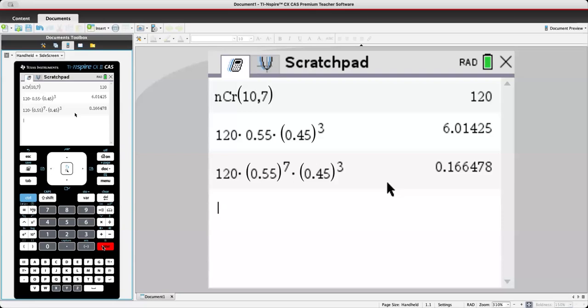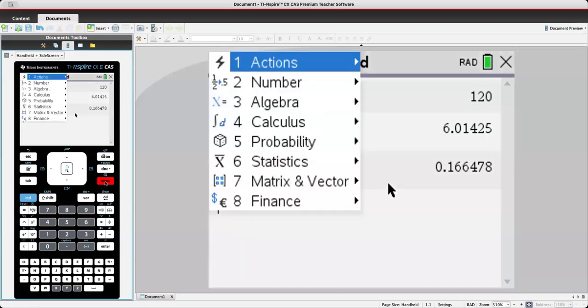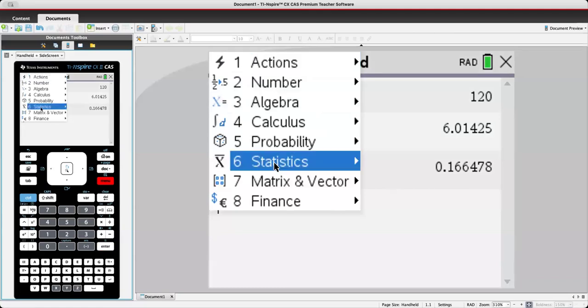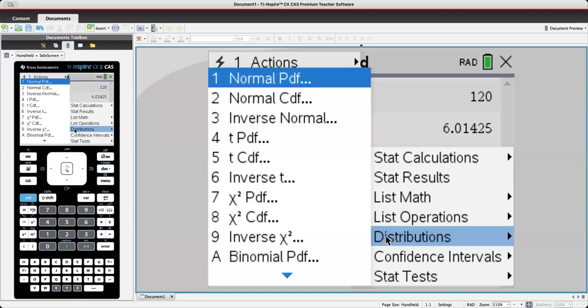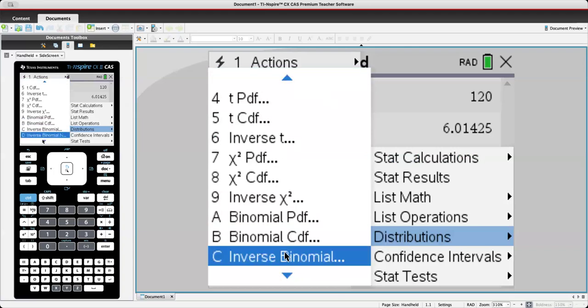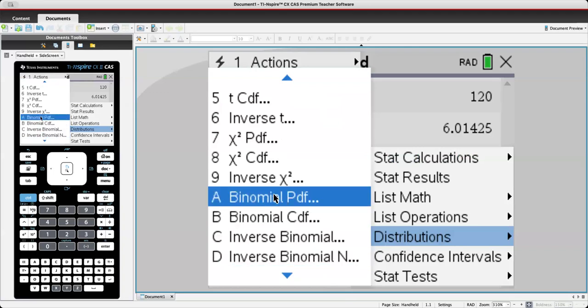We can do what is called binomial PDF. Let me show you that. Let's go to menu, statistics, and we go to distributions. We have used this before with the normal distribution, right? We have normal CDF, we have inverse normal. And then if you scroll down, there's a couple of binomials. Here we're going to use binomial PDF.